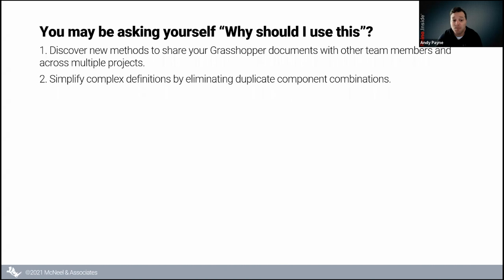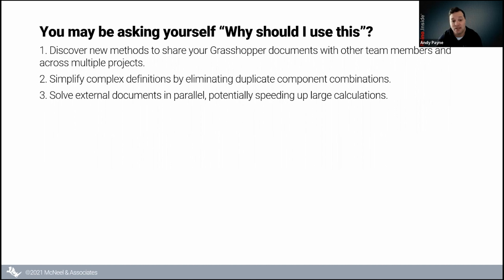It also lets you simplify complex definitions, right? And we'll talk about that in more detail, but it lets you take the large spaghetti code that you may or may not have generated in the past and simplify it into more discrete components and hopefully make that easier to read.